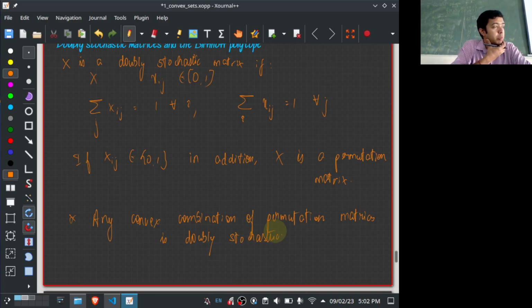But what is not easy to see, although it may seem intuitive, is that any doubly stochastic matrix can be written as a convex combination of permutation matrices. It is a fairly deep result. It's called the Birkhoff-von Neumann theorem.